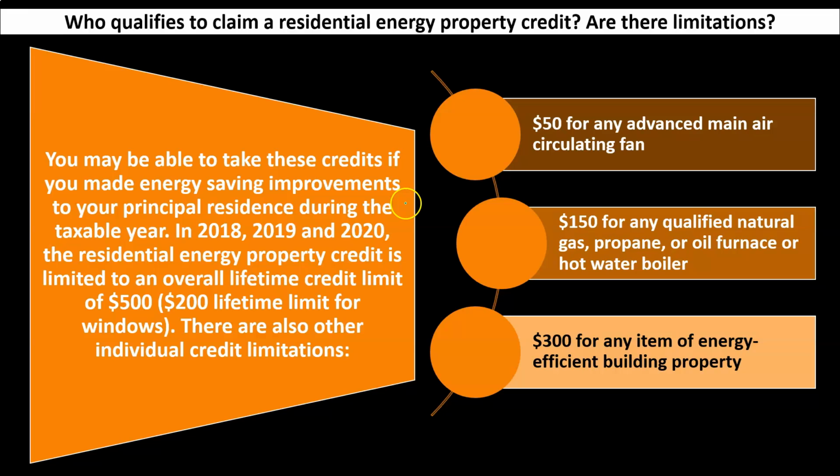So software can be useful within these kinds of applications, because it can hopefully help you to determine what those limits are and what the eligibility will be, possibly through an interview type of process that you might see in something like H&R Block software or TurboTax. And then, of course, the calculation of the credit should be a little bit easier to do with the use of software.